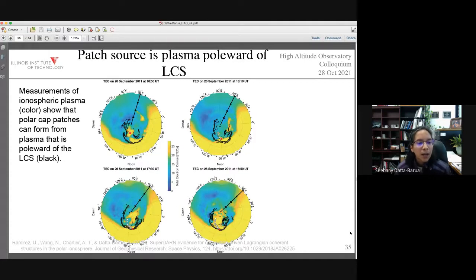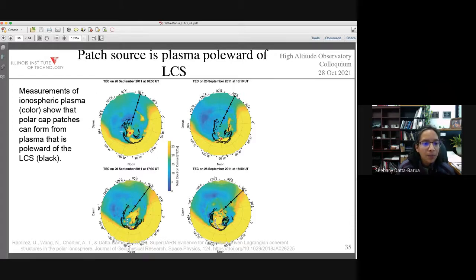So we also wanted to investigate, does this have any potential implications for how plasma is or is not going to be transported? One of the features in the ionosphere that we're often interested in at high latitudes are called polar cap patches. So these plots show in the color scale density of plasma, essentially.